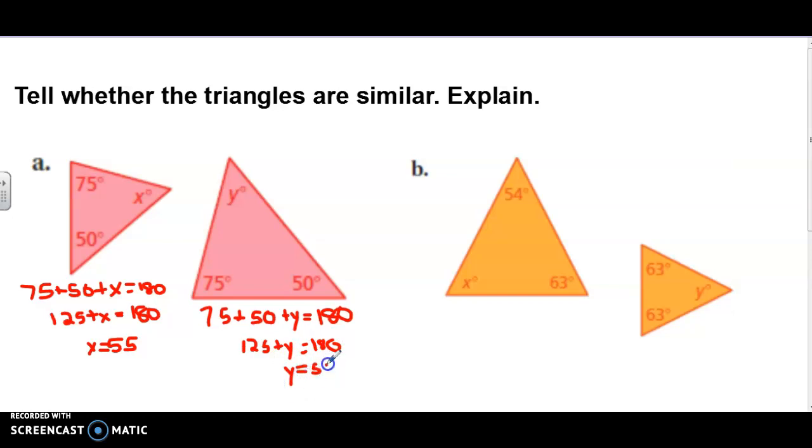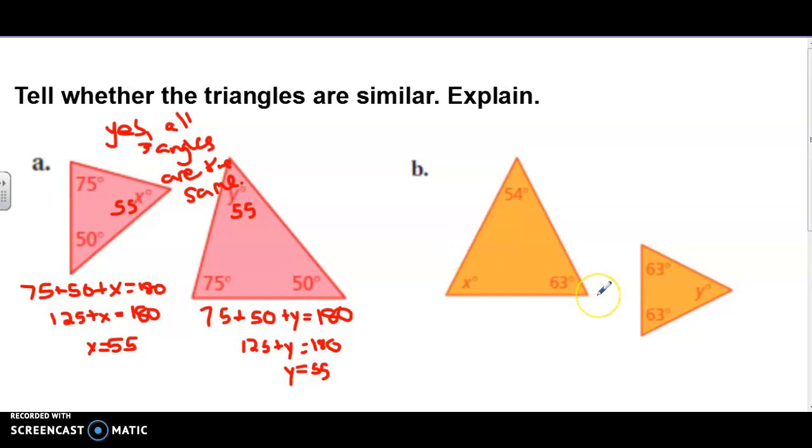We didn't have to do this to know these two triangles are similar because we could have used the rule that they gave us, but I just want to mathematically prove that these two angles, x and y, are exactly the same, meaning that the three angles in each triangle are congruent, so the two triangles are similar. So yes, and the reason is all three angles are the same.